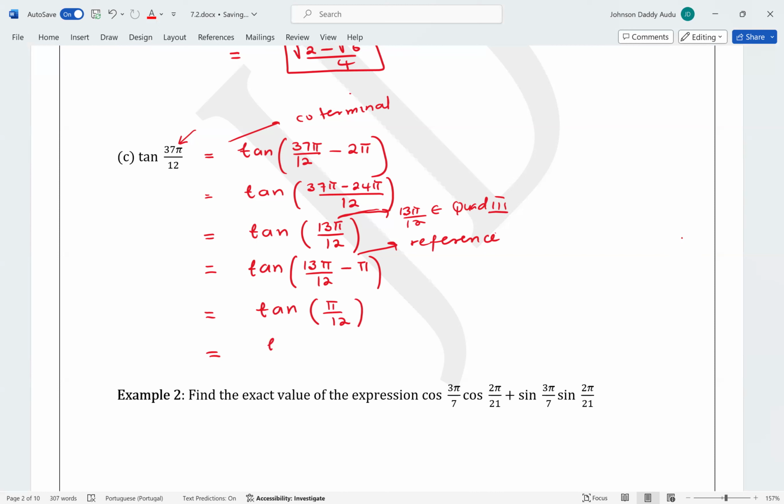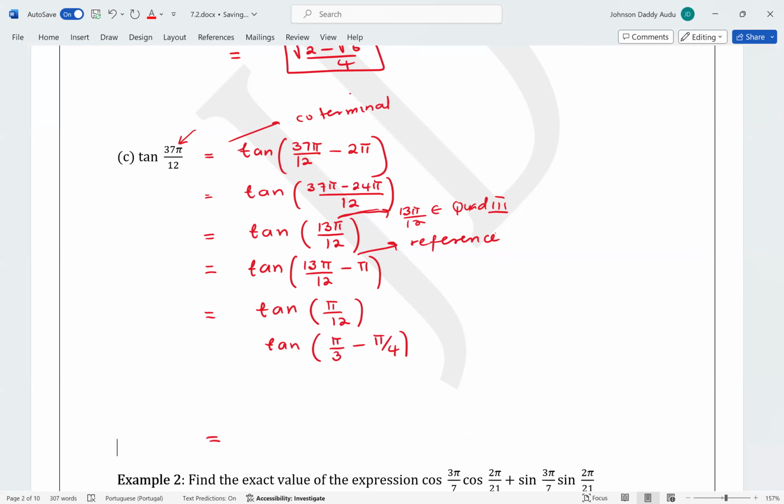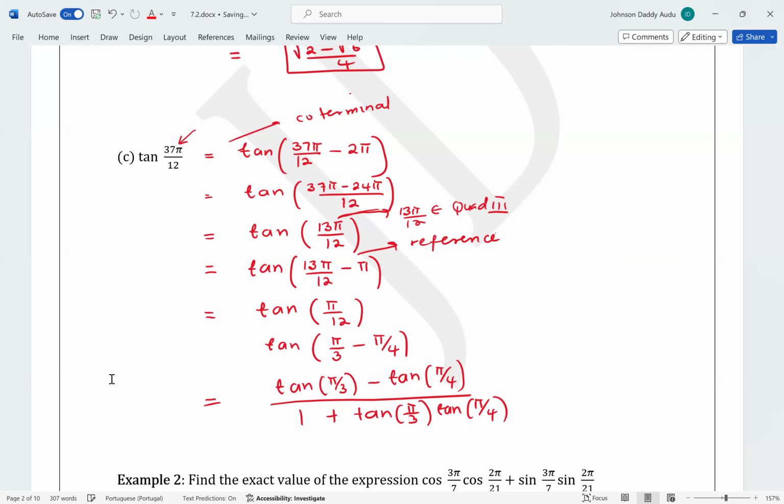So here we can write this as tan of, one option is to write it as pi over 3 minus pi over 4. This will do. So now we can use the formula. This is going to be tan pi over 3 minus tan pi over 4, over 1 plus tan pi over 3 and tan pi over 4.